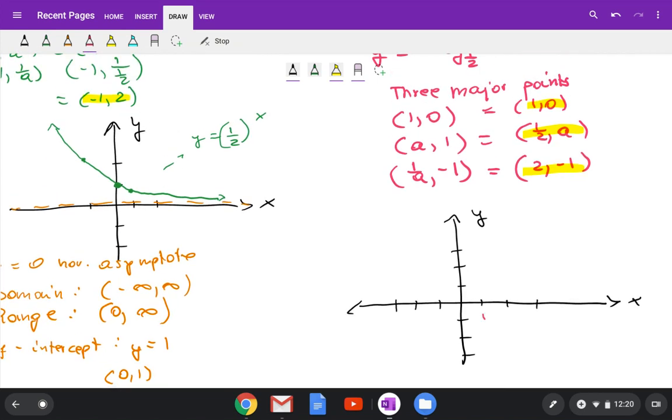The scale is 1. So I have 1 comma 0, the x-intercept, 1/2 comma 1. Sorry guys, that should be 1. So we have 1/2 comma 1. And then we have 2 comma negative 1 right here. So this is our graph.